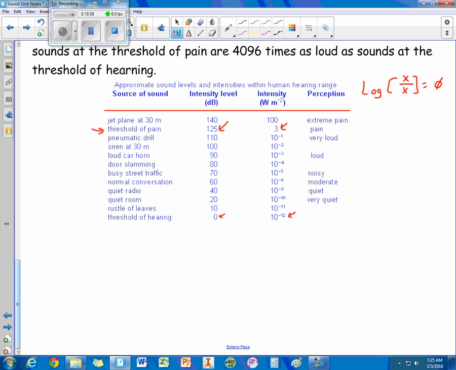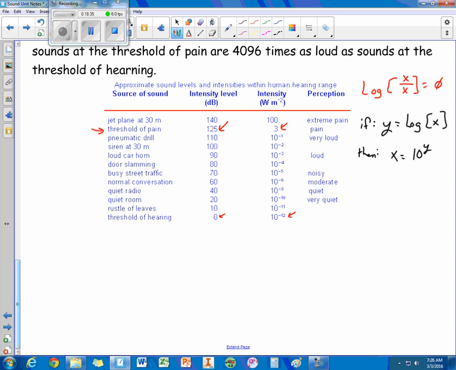Okay, so since we're dealing with logs, we can do some log math. Just as a refresher, let's say you have y equals log x. Then x would equal 10 raised to the y.